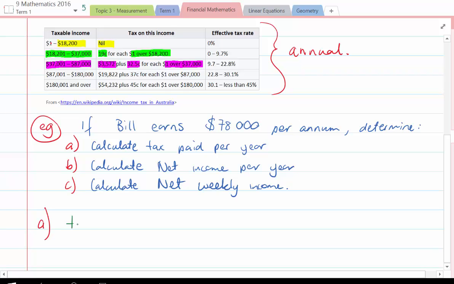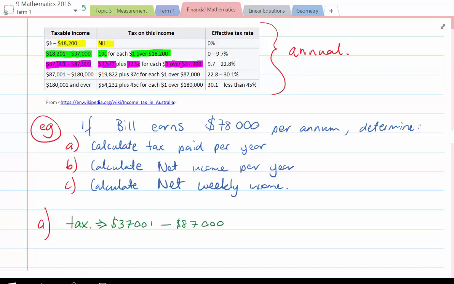Now tax will be worked out by looking at the bracket that he fits into. So he's going to pay tax in the 37,000 through to 87,000 bracket. So he fits into that bracket, so we're going to use the rule for that bracket.